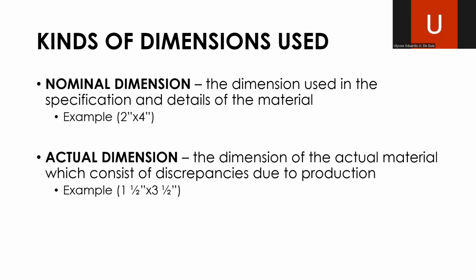As you can see, it is lower compared with the nominal dimension because sometimes we use the planer too much on the other side and then the measurement gets less.